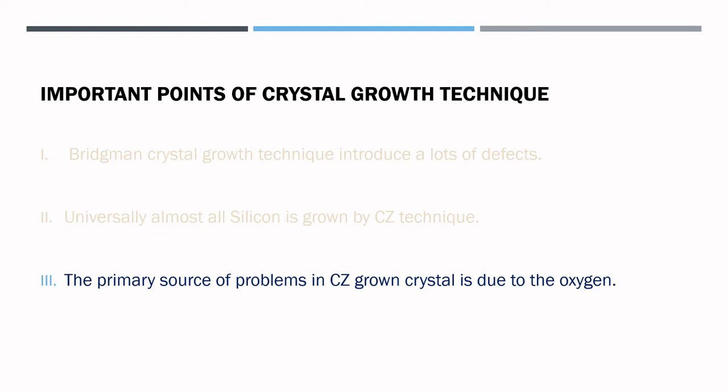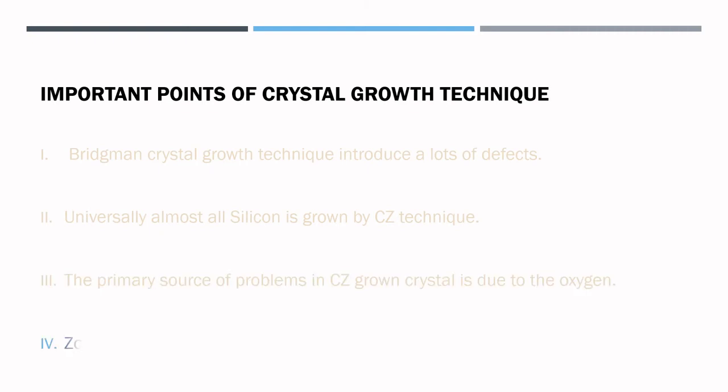If we try to fabricate a power device on such a material, those devices may have lower breakdown voltage or higher leakage current. So if we are very particular about the application, it may be necessary to further purify the CZ grown crystal, and this process is called the zone refining technique.